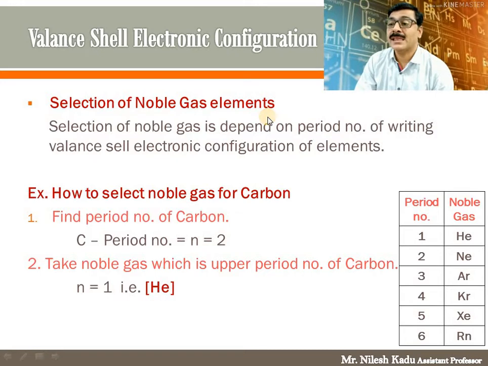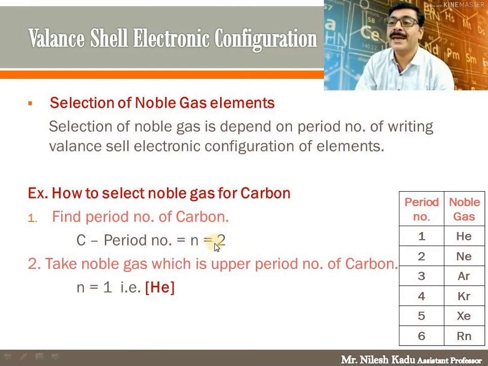And the selection of noble gas element depends upon the period number of the given element. Just for example, how to select the noble gas for writing the valence shell electronic configuration of carbon atom. First you have to know the period number of carbon atom, and carbon is present in the second period because the carbon family starts from the second period.